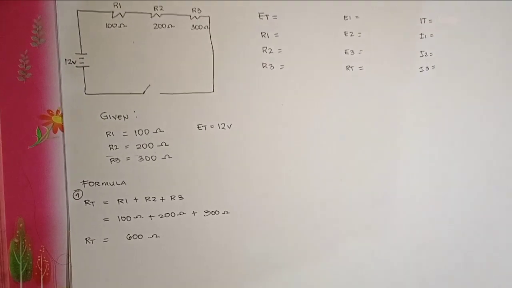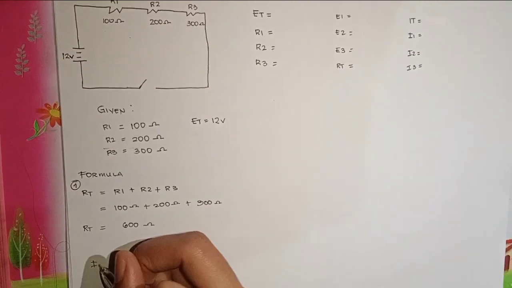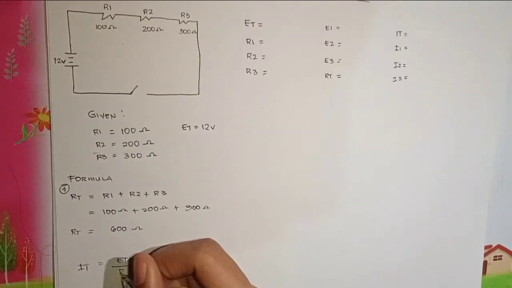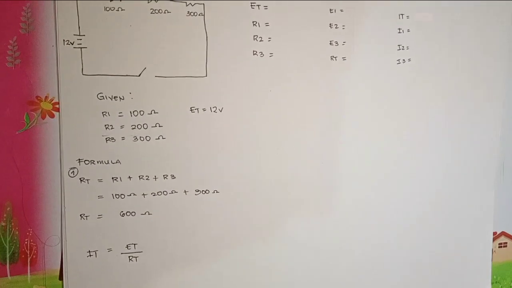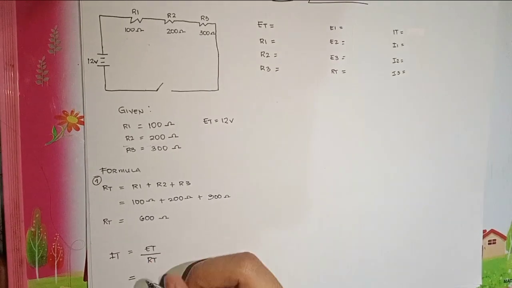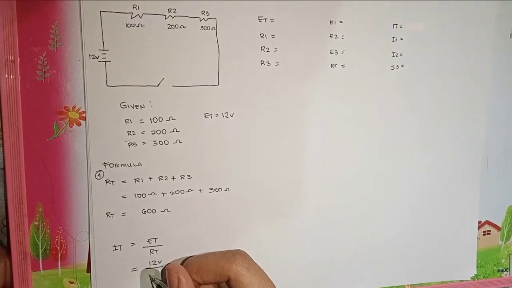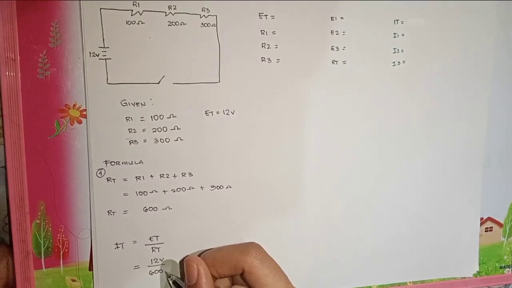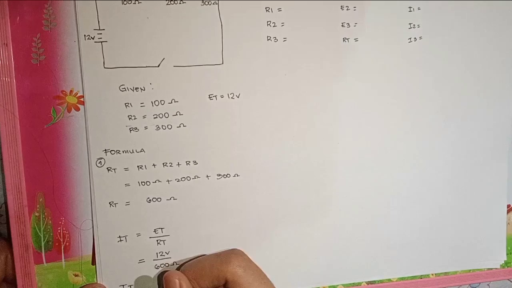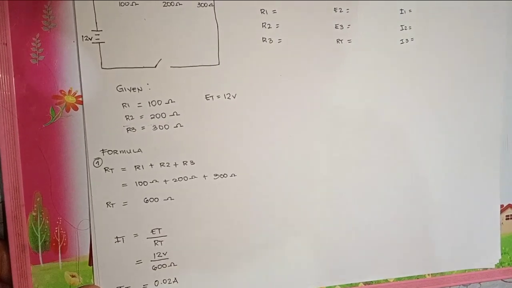In getting the total current, the formula is the total current equals the total voltage divided by the total resistance. Total voltage, 12 volts, divided by total resistance of 600 ohms. Total current is equal to 0.02 amperes.